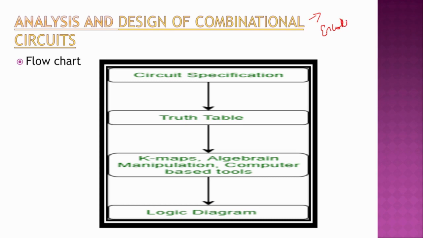This circuit will be designed by using this procedure. This is the flow chart of how you will design the combinational circuit. The first step in the analysis and design of combinational circuit is circuit specification. You need to specify that circuit. For example, if you are going to do addition operation, you need to use OR gate here.